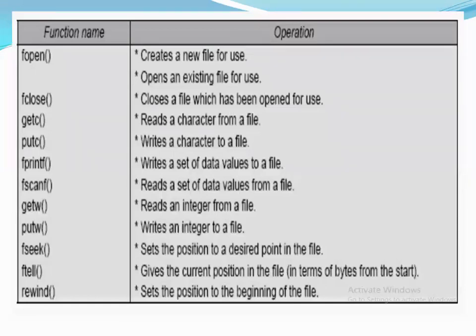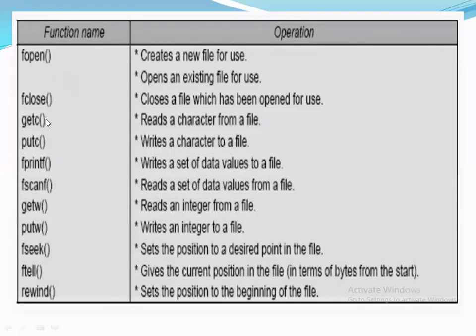We can open the file, create a new file, or open an existing file. After that, we can read some information. We can write some information to the file, whether it is a character file, integer file, or mixed file. After one operation is successfully completed, we can close the file. So those are the first two operations.